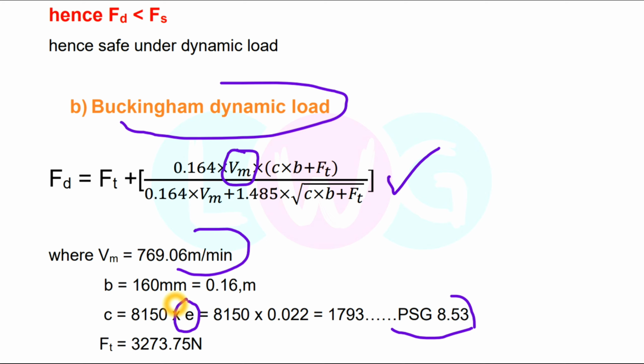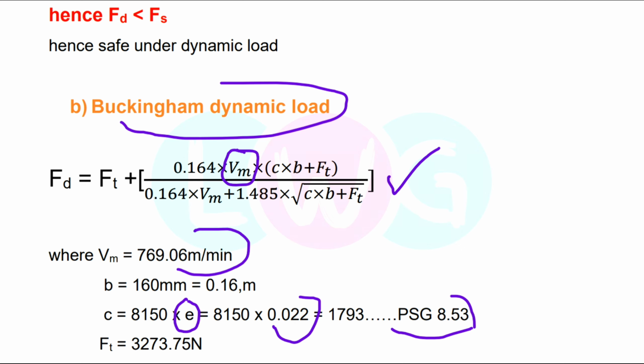Our module is 16, so we take 10 and go in the column of precision gear. For 10 module the value is 0.022. After multiplying you will get the value of C.